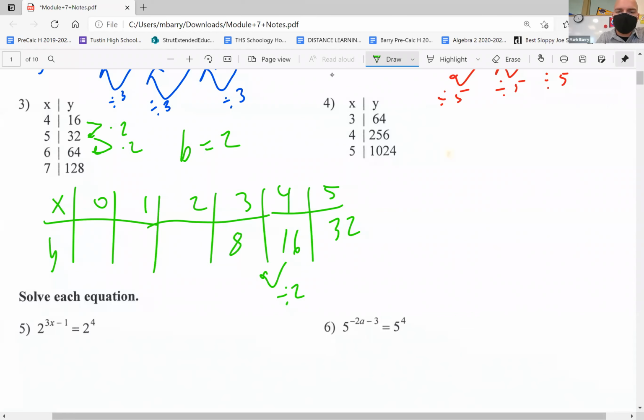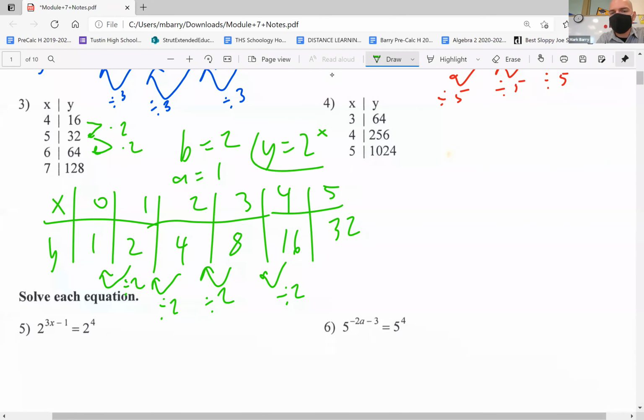You get 8. Keep dividing by 2. And A is 1 again. I think actually I made it so all of these A is 1. I wish I wouldn't have done that, but that's all right.